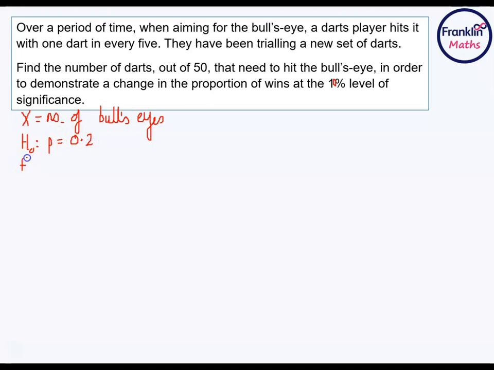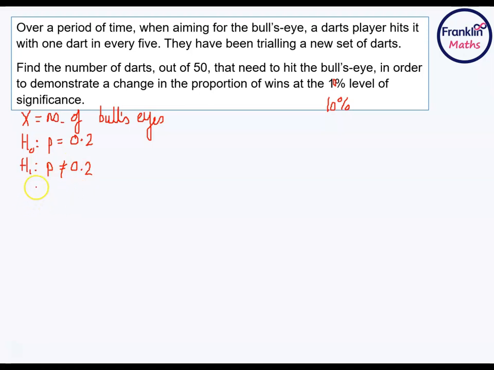And in this question, we're going to see when there's been a change in win rate. So it's not equal to 0.2. It is a 10% significance level. It was 1%, but it's just easier to work with 10% on this particular style of question. So this question says, can you find the critical regions in this case? Because we're going to have two cases here.